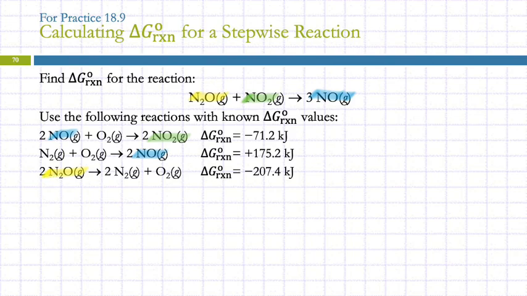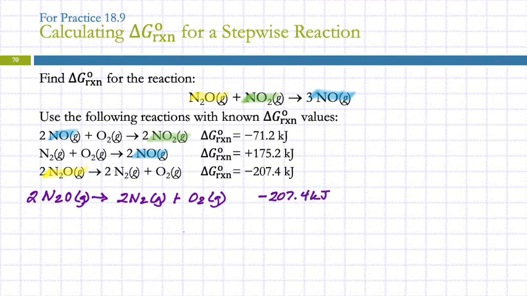It's already in the correct order, so we're good. So we're going to have 2 N2O gas going to 2 N2 gas plus O2 gas. And we didn't do anything to the equation, so delta G is the same, minus 207.4 kilojoules.